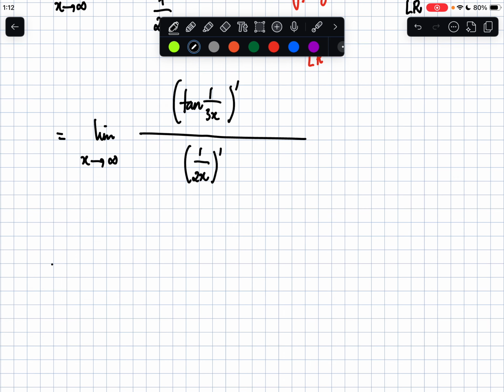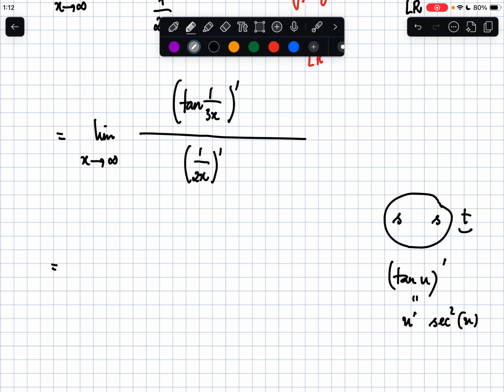And this one is tangent prime. The derivative of tangent is secant squared. Remember that? Secant, tangent, tangent prime, secant squared. So the derivative of tangent of u is u prime times secant squared of u, and we will use that.